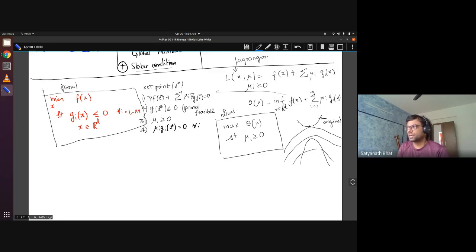Now if you really examine it, this is a function which is a lower bound to f of x. As if mu is a parameter, depending upon the mu, it is either a lower bound with a lot of gap, or a lower bound with not much gap. So when this is a lower bound, I can try to find the maximum lower bound. Amongst all lower bounds, I can try to find the maximum, and hopefully what I will get is that this lower bound and the original function's minimum will agree. When that happens, we say that there is strong duality.